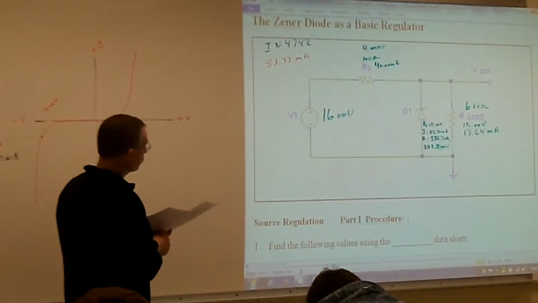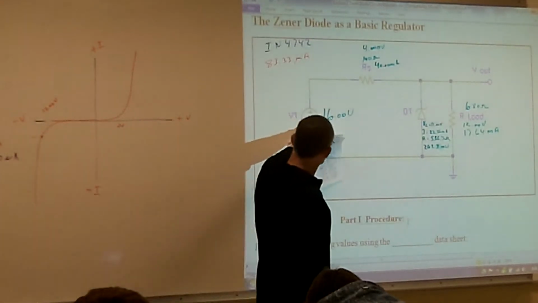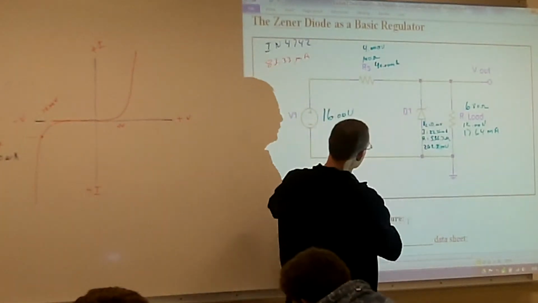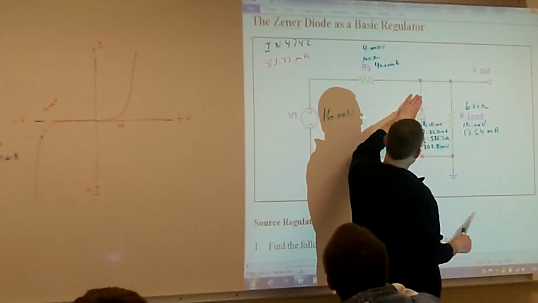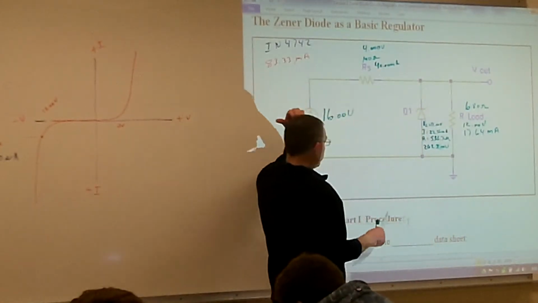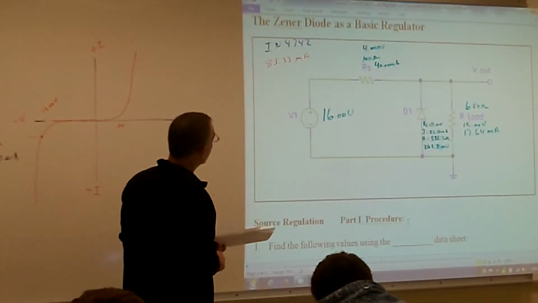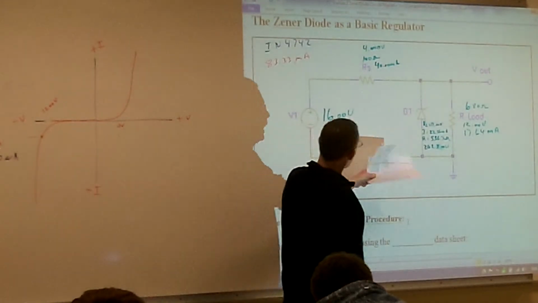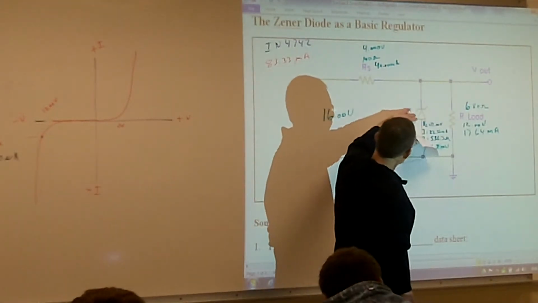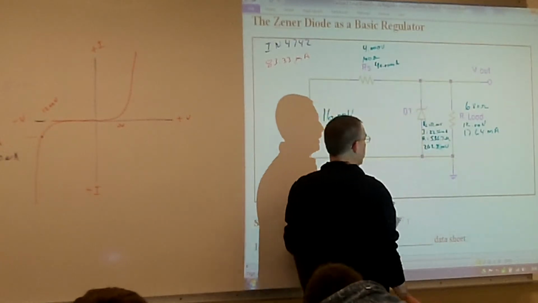Okay. So you can see that as I increase my source voltage, I have to be careful of the power of that regulator. That's because the Zener is always going to take up the remainder amount of current. Whatever the load doesn't take, the Zener is going to take the remainder amount.